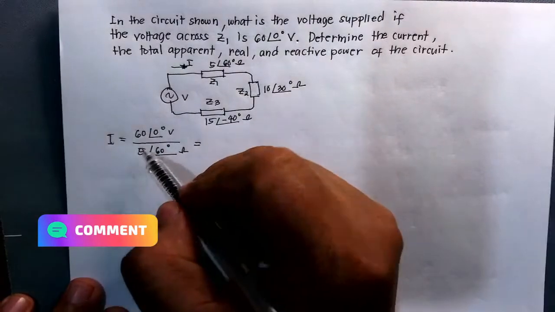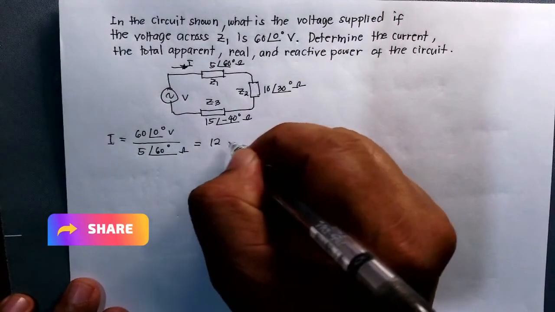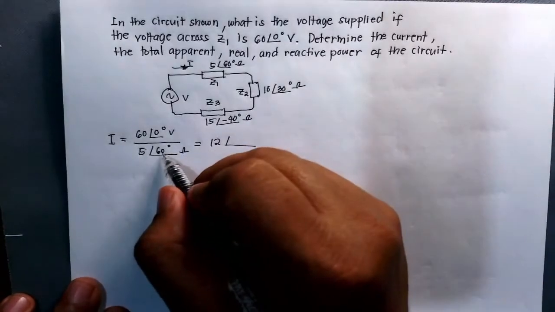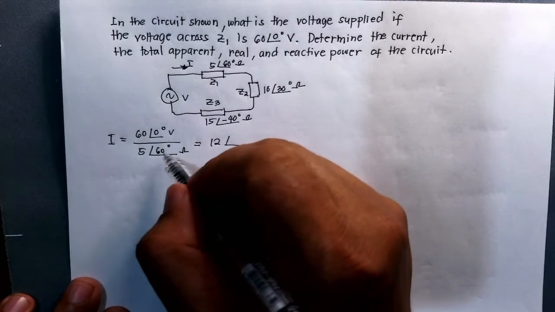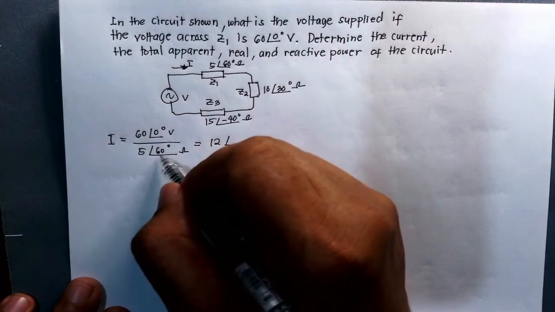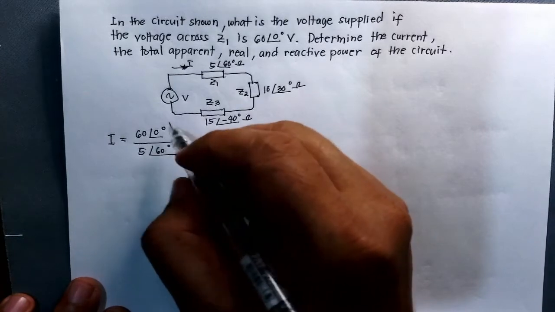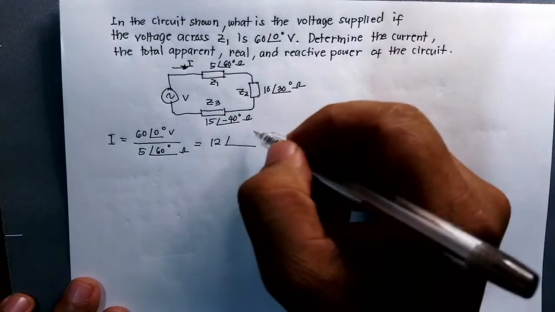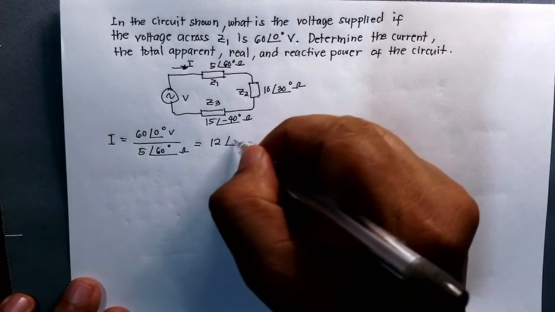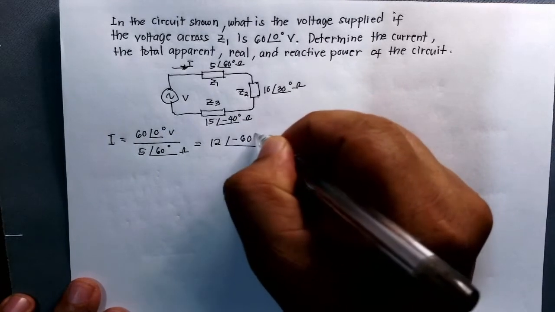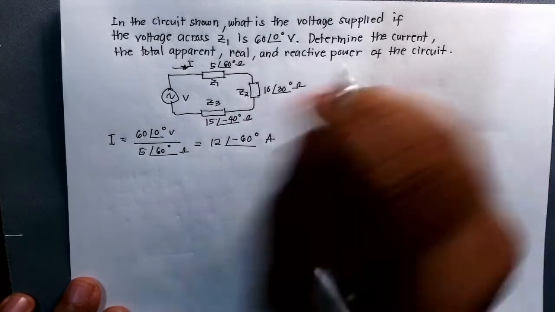You divide 60 by 5, and that is 12, and you change the sign of the 60 degree here, because this is from the denominator and you place this in the numerator, so that will become negative. So 0 minus 60, so we have negative 60 degree. So this will be your current.